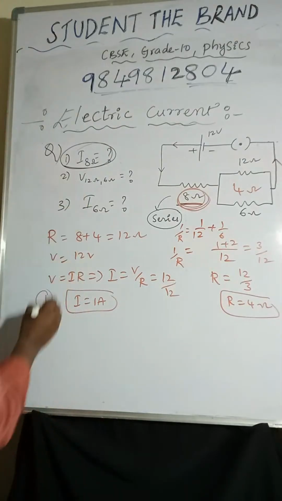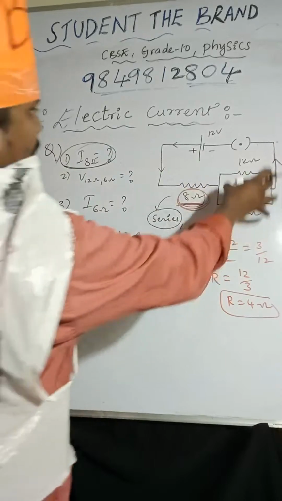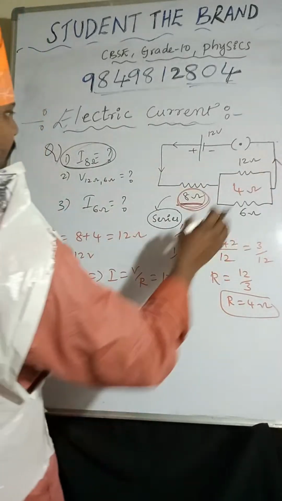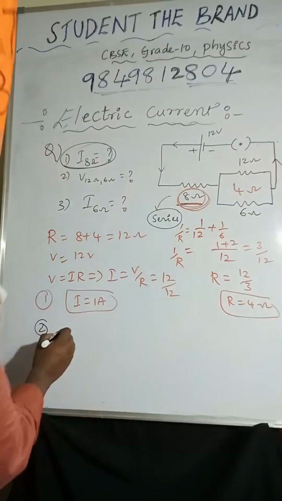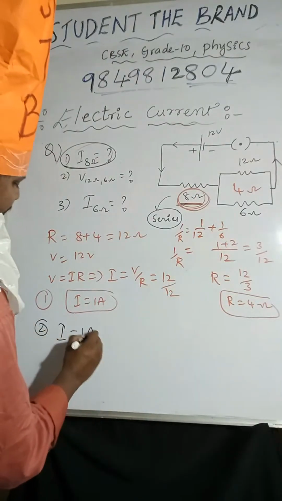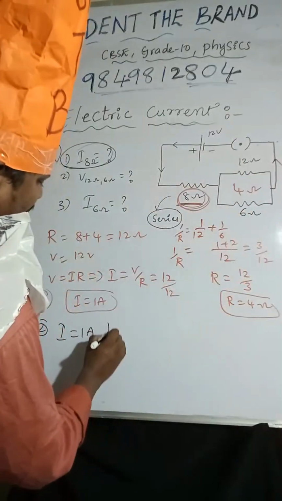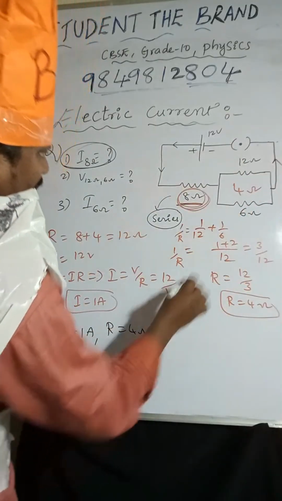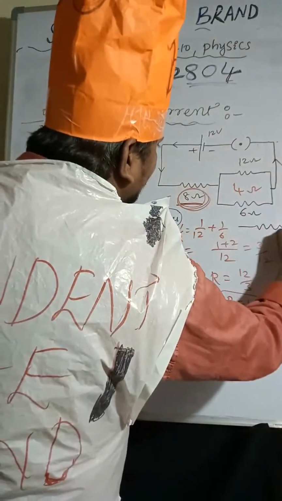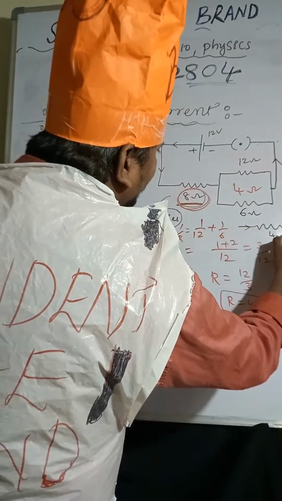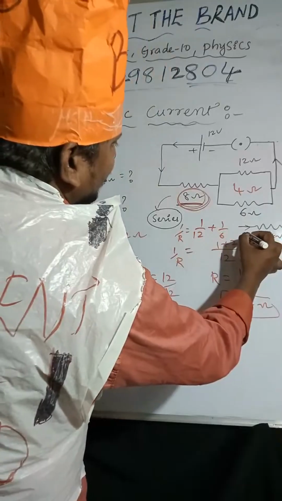And the second point is the potential difference across this one. We know the total current I equal to 1 ampere is flowing. If you take this as the overall resistance, the overall resistance is 4 ohm. Anyway it is series, so the current flowing is 1 ampere.